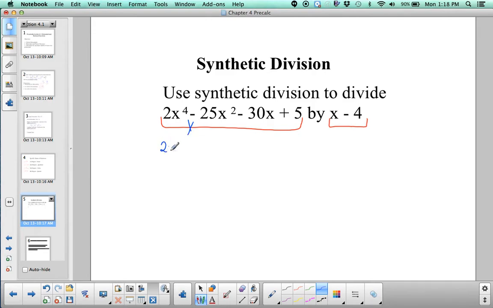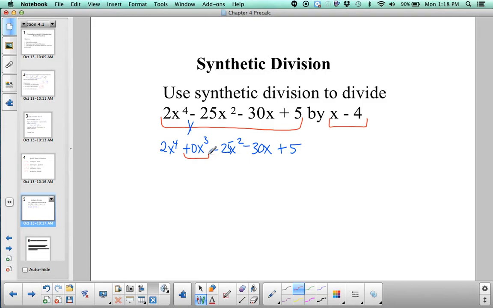So if we have 2x to the 4th and then we go to x squared, we need to put in there a plus 0x to the 3rd, minus 25x squared minus 30x plus 5. Okay, so putting this piece in is going to be key. Make sure we don't have mistakes.